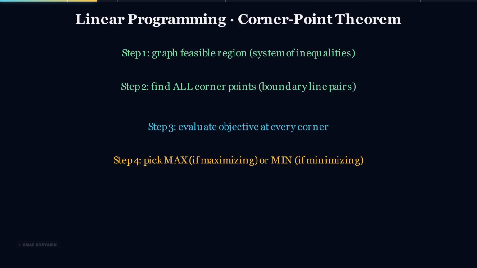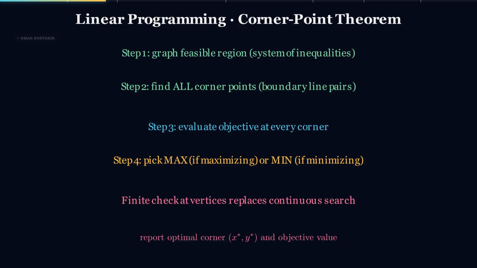Step 2. Find all the corner points by solving boundary systems pairwise. Each pair of constraint boundaries that intersects inside or on the feasible region produces a corner. Use substitution or elimination to find the exact coordinates of each corner. The corner finding work uses the system solving methods from earlier in this section directly.